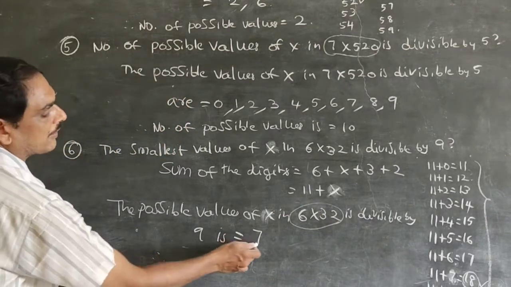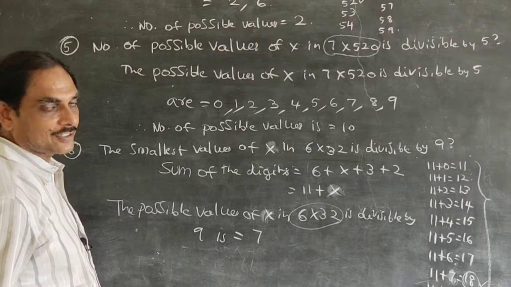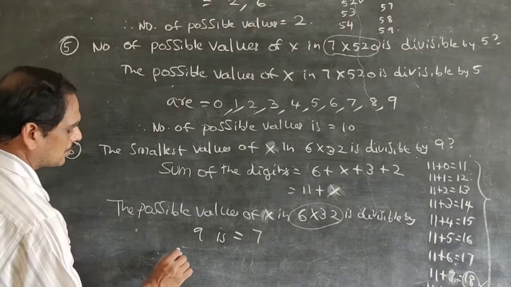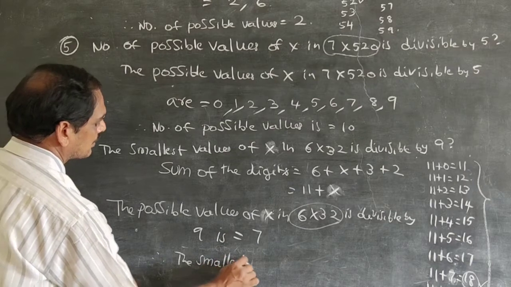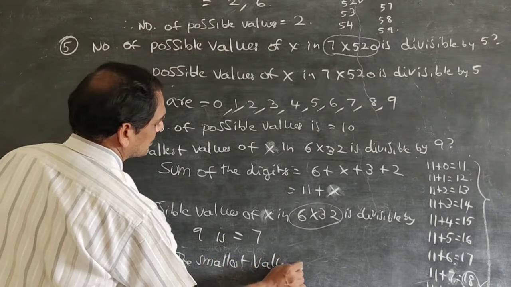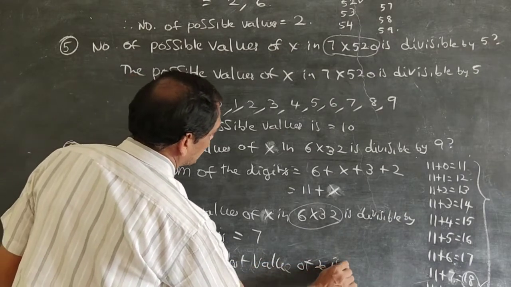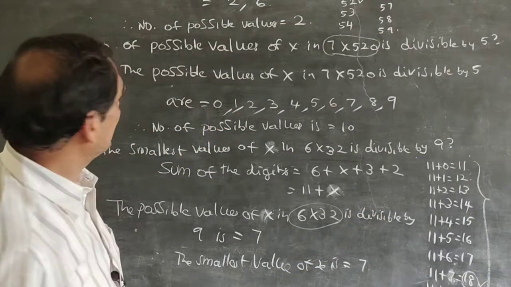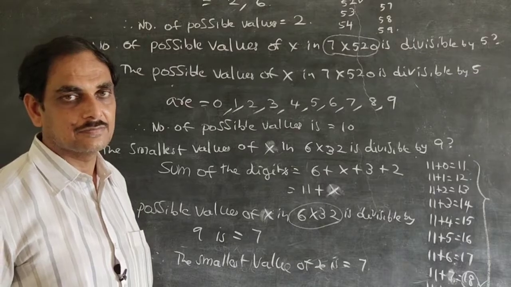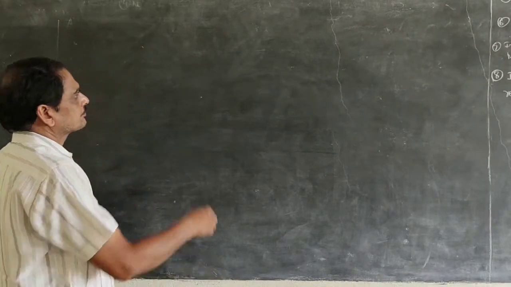Therefore there is only one number, so we take it as the smallest or greatest number. So the smallest value of x is equal to 7 only. So this is the 6th problem. Next, 7th.